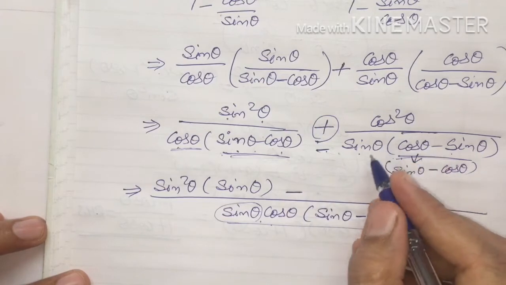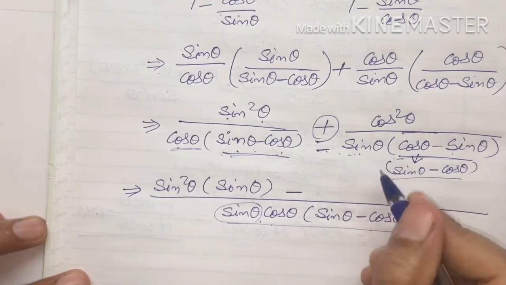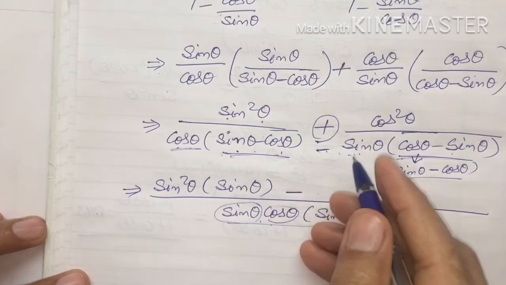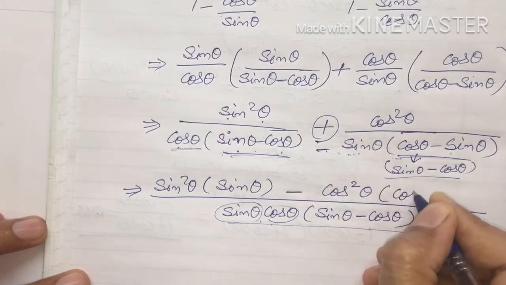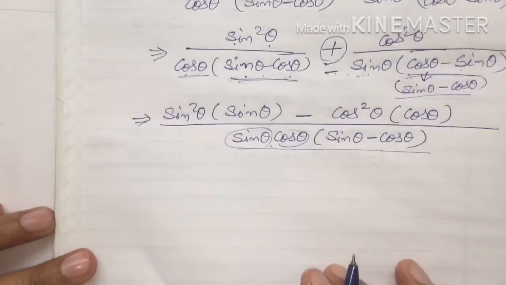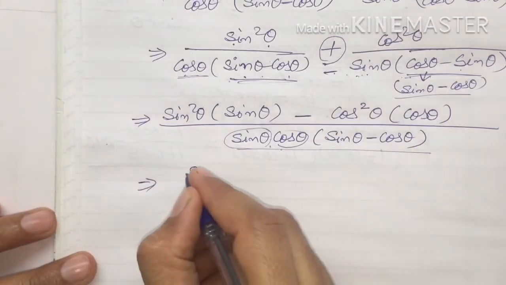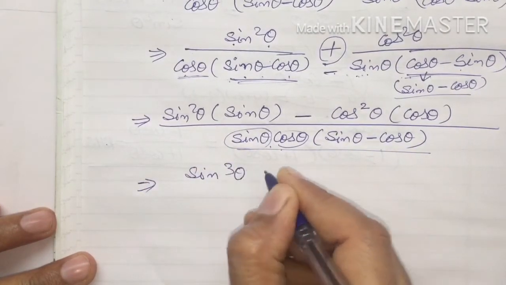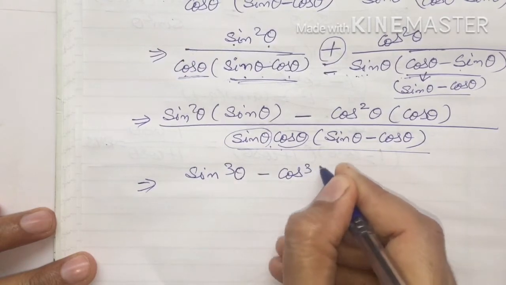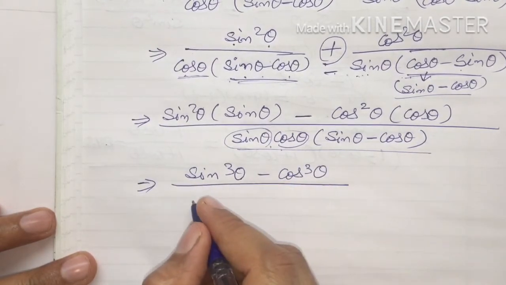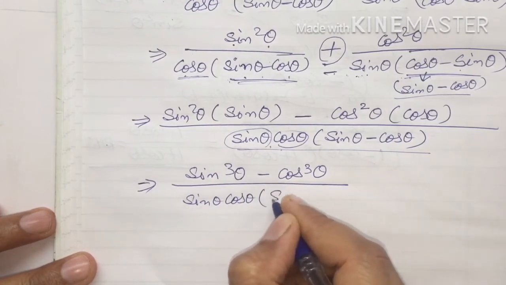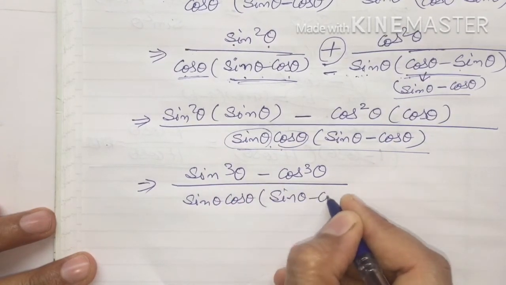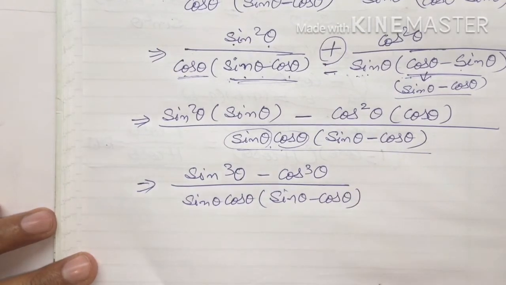So minus this same thing is there, only cos theta we have to multiply. So cos square theta into cos theta. So it will be sine cube theta minus cos cube theta upon sine theta cos theta, and in the bracket sine theta minus cos theta.